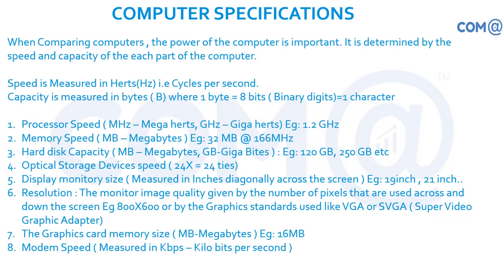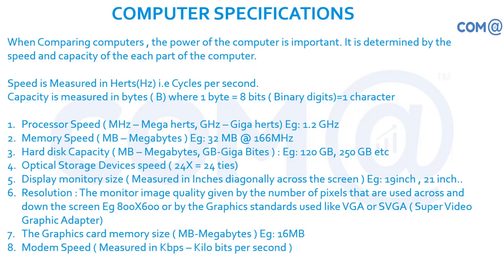The market now has speeds like 1.2 gigahertz. We had megahertz before, but it is gigahertz now. Memory size is measured in GB, like 64 GB, 128 GB, and the frequency is also mentioned here. Sometimes the frequency may differ.